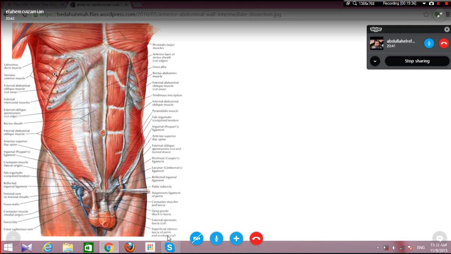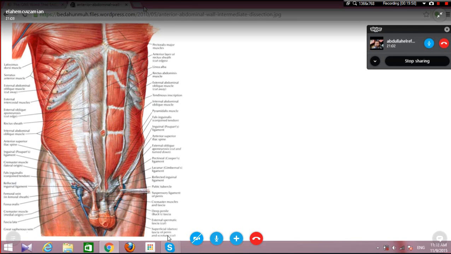The first one is the external oblique, running superolaterally to inferomedially. Is it clear? If you cut the external oblique, the next one is the internal oblique muscle.